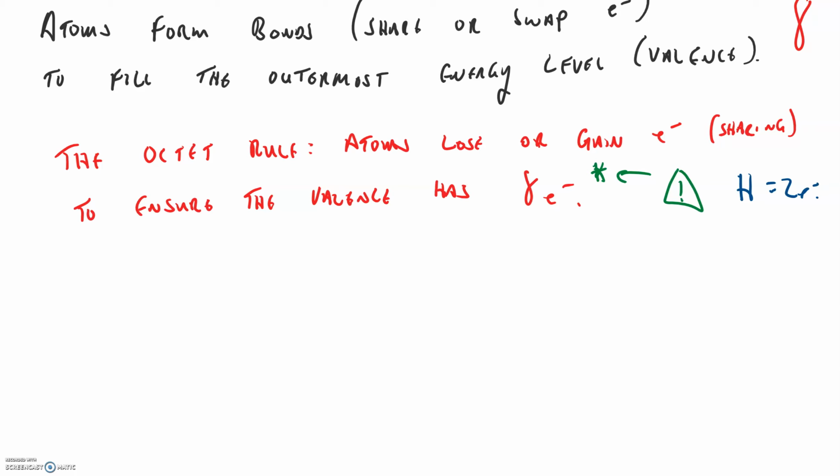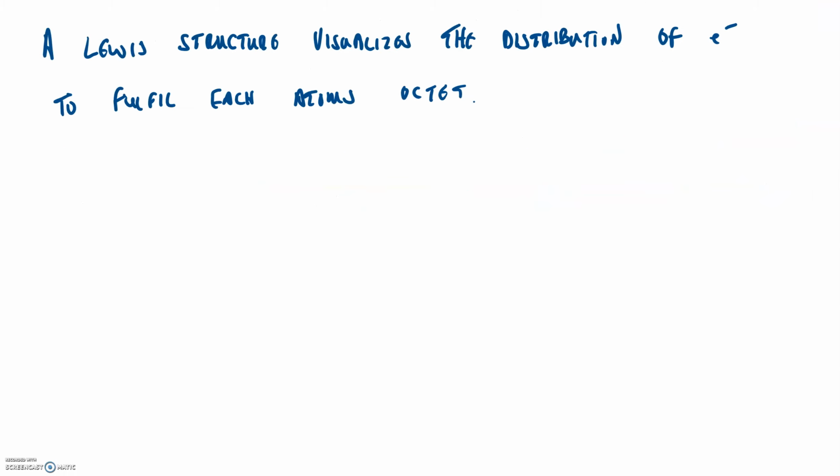So what's a Lewis structure, and how does this work for showing us this distribution? It's real simple. A Lewis structure helps us to visualize how we distribute electrons to make sure that everybody's got access to 8. Remember, there's an exception to that. Let's take a real simple molecule, and I'll show you how this works.